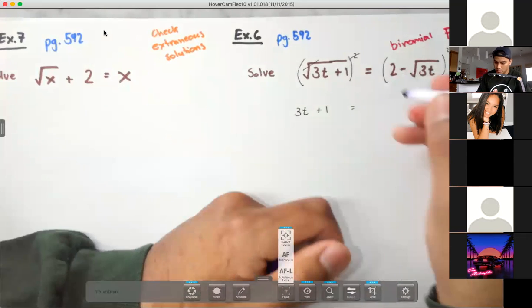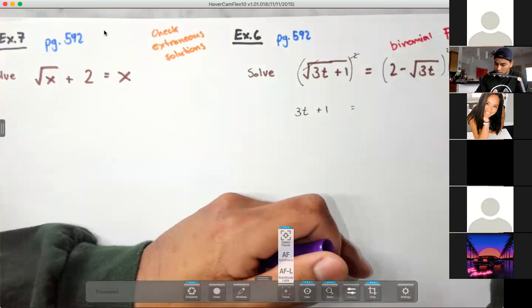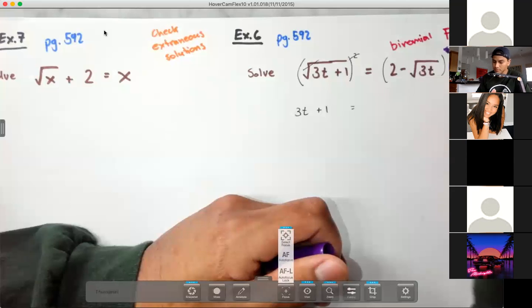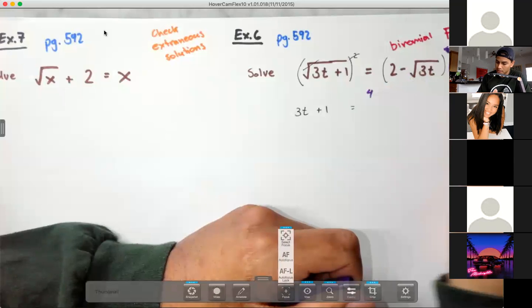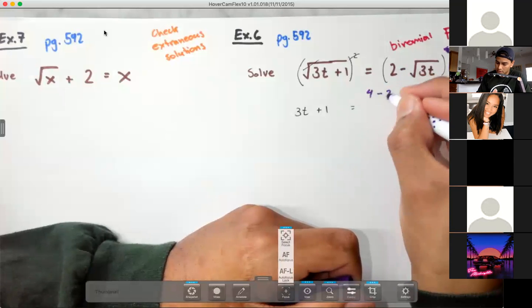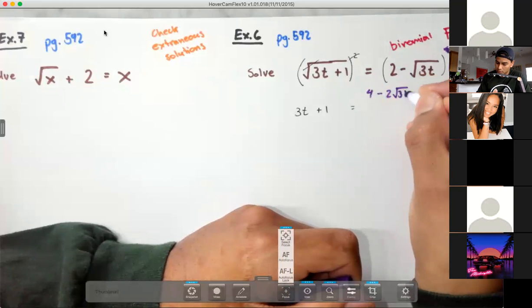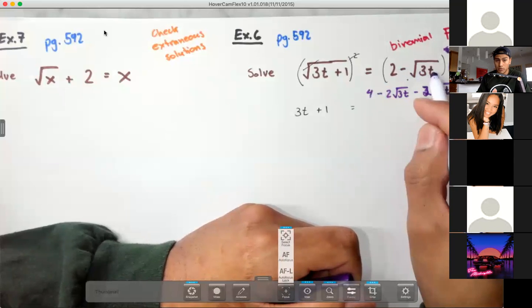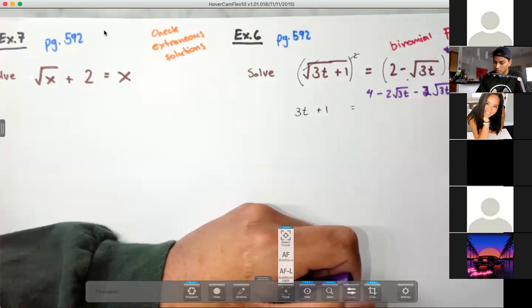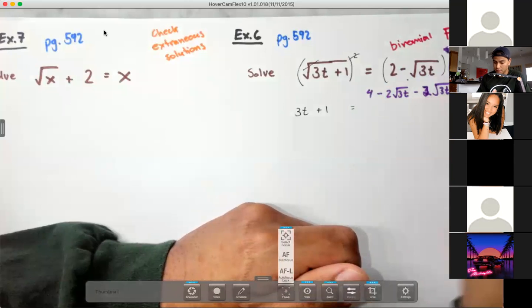Basically, this is going to be 2 minus the square root of 3t, squared. If we do that, first times first, we end up with 4, then 2 times negative square root of 3t, which is minus 2 square root of 3t, and then this times this, which is another minus 2 square root of 3t, and then negative square root of 3t times negative square root of 3t, which ends up a positive.